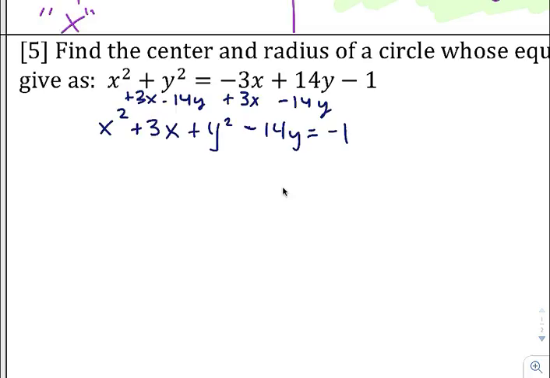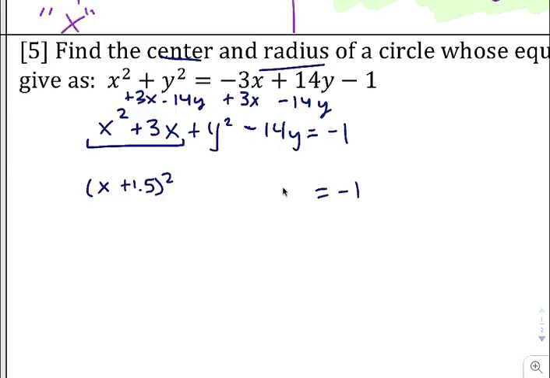Okay? So we're trying to find the center and radius, which means we have to convert this to standard circle form. So we're going to complete the square a couple times. First we'll complete the square in the x's. So this will be x plus 1.5, squared.